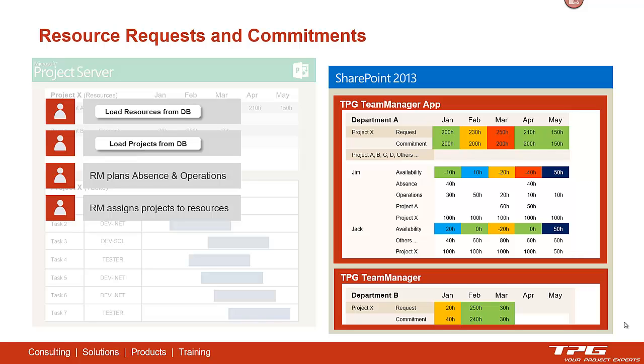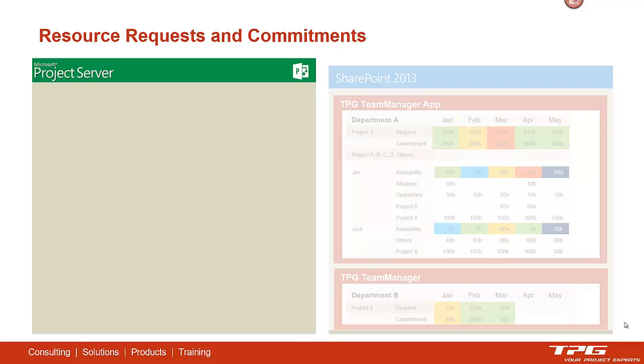So this is something which then should be published to the projects so that the project manager can see also what the resource manager has done with his requests. So let's change the side again and go to the project manager.